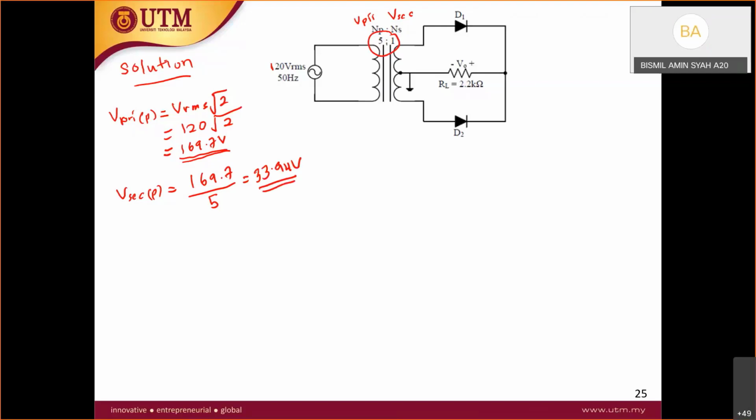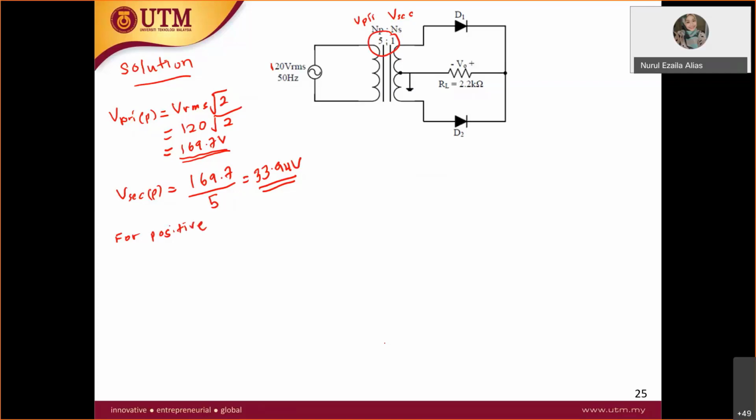Now let's go back to our circuit from just now. Up to now you already have your V secondary and also your V primary. Now we do the positive cycle. Number one, for the positive cycle.